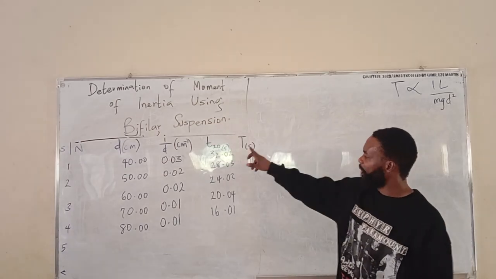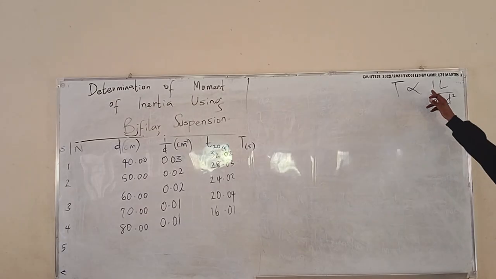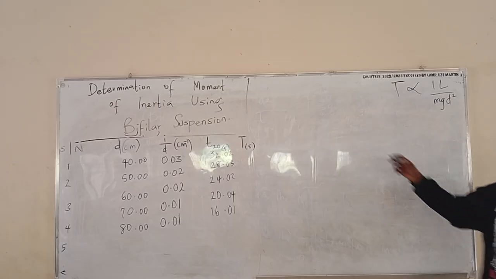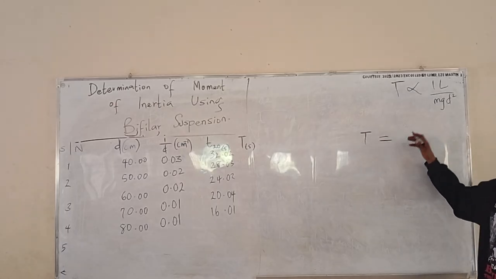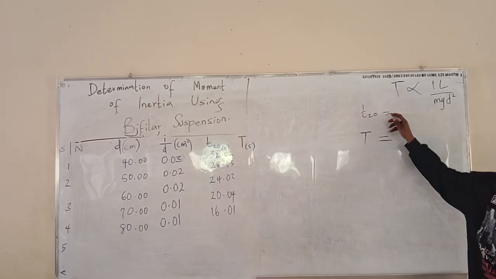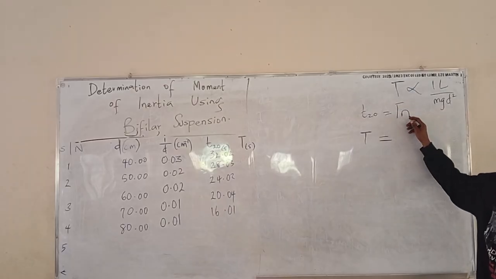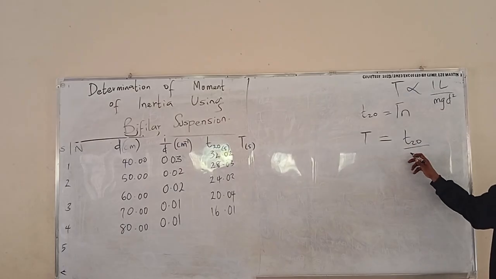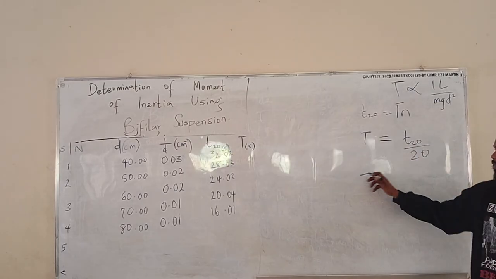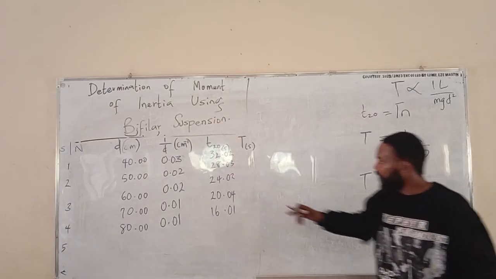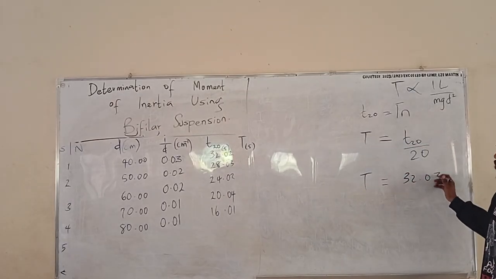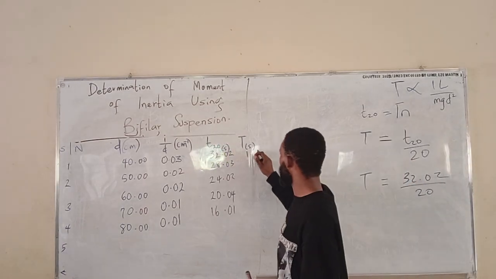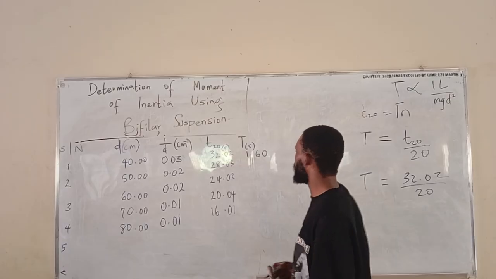The period here, if I want to get period, I can say T is equal to, if you remember, time for 20 oscillations is equal to time for 1 oscillation times number of oscillations. Which means T is the same thing as T20 all over the number of oscillations, which is 20. So in this one, I will have 32.02 all over 20, which is 1.601, which is 1.60.